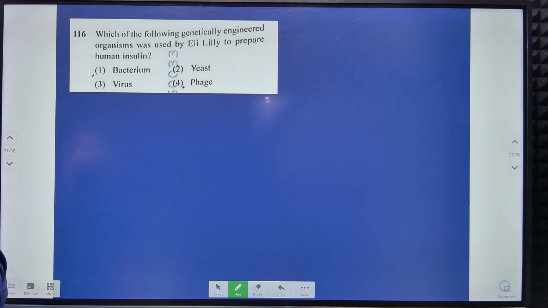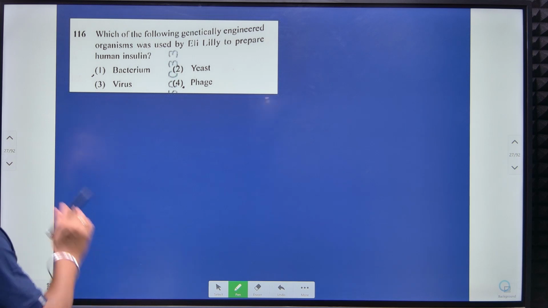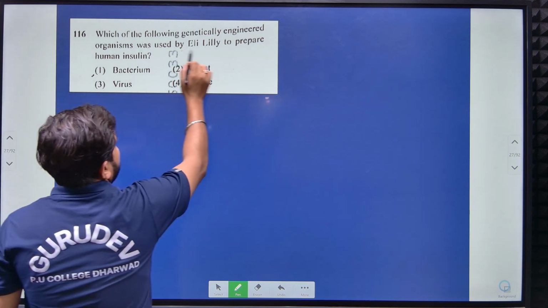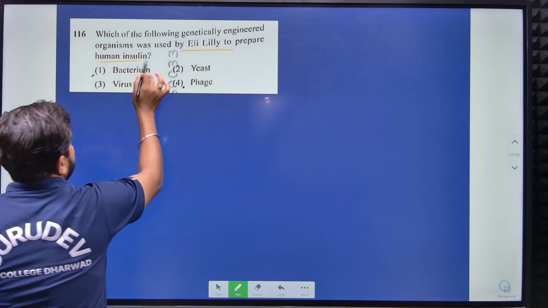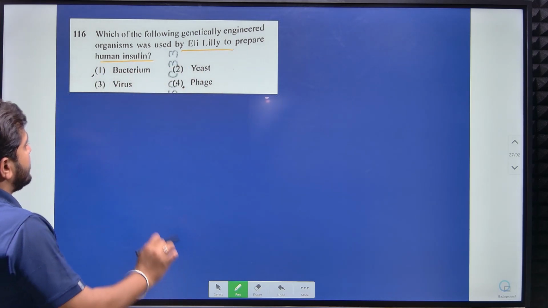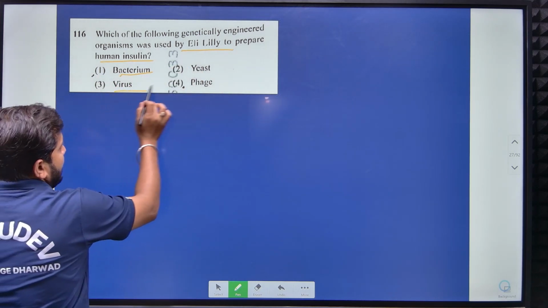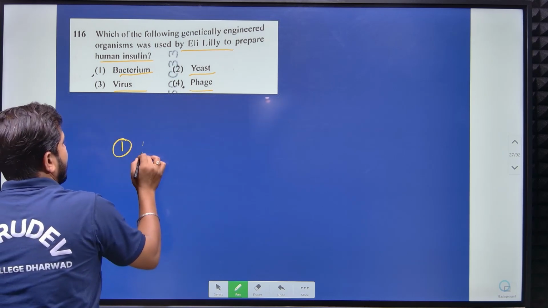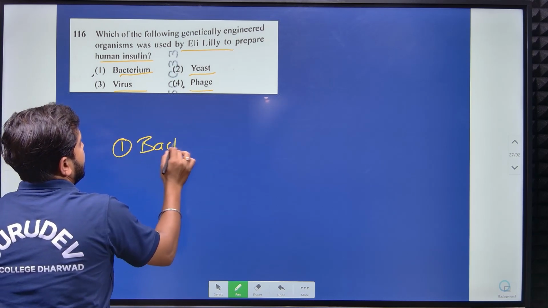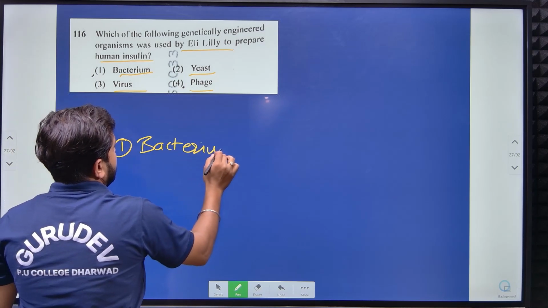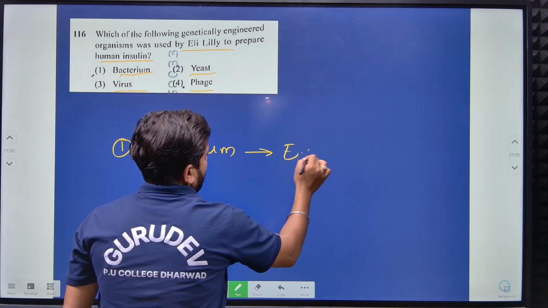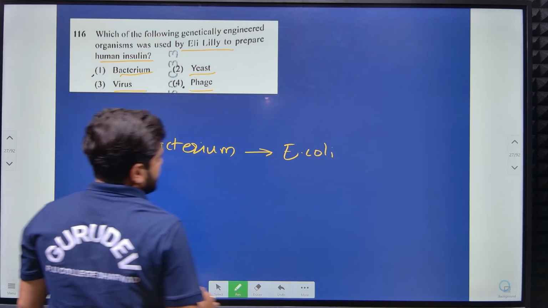Which of the following genetically engineered organisms was used by Eli Lilly to prepare human insulin? They have mentioned bacterium, viruses, yeast, and so on. Here they have chosen the bacterium, a genetically engineered bacterium, majorly E. coli. Why are we calling it genetically engineered?